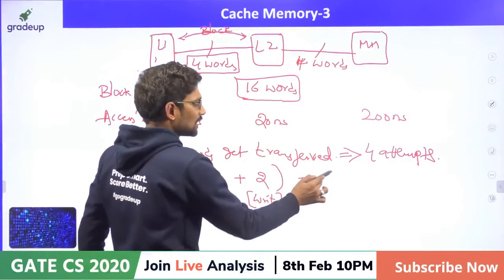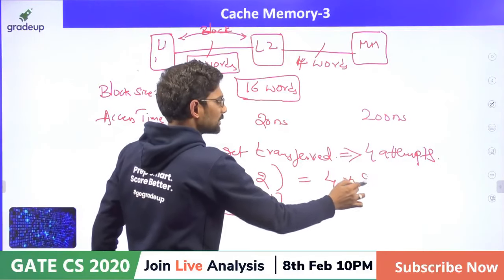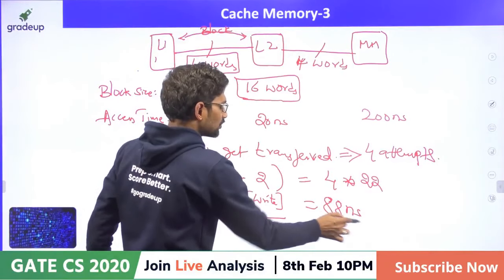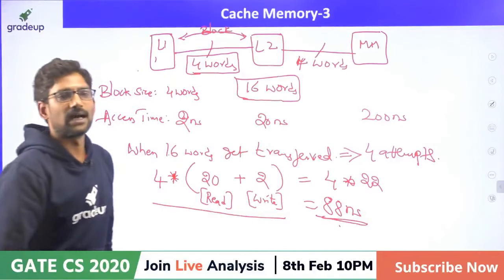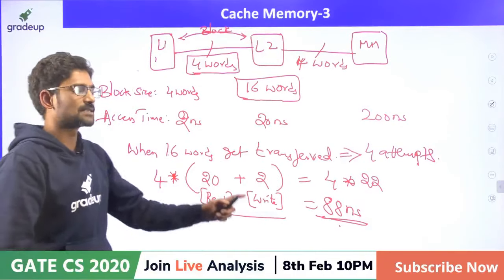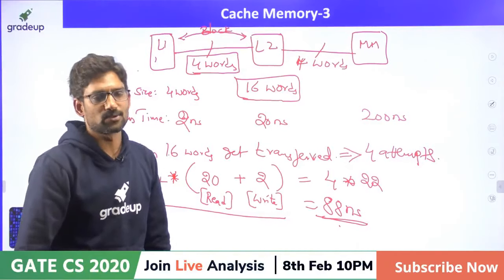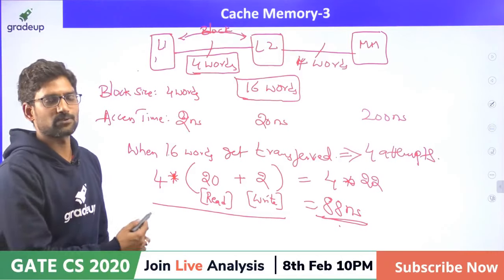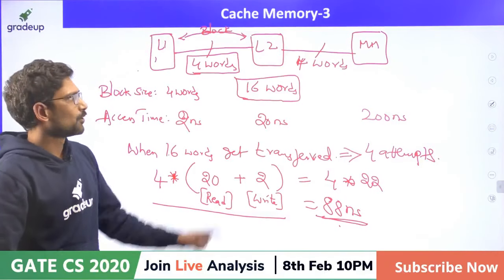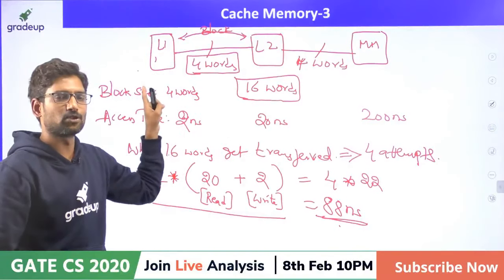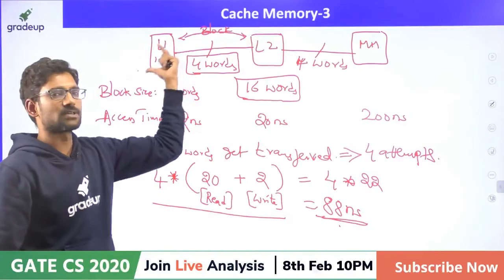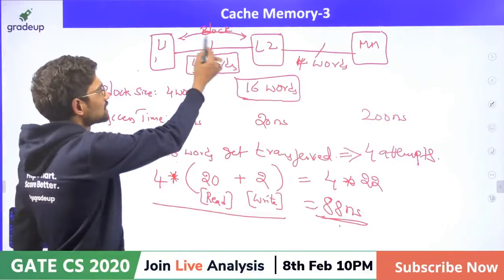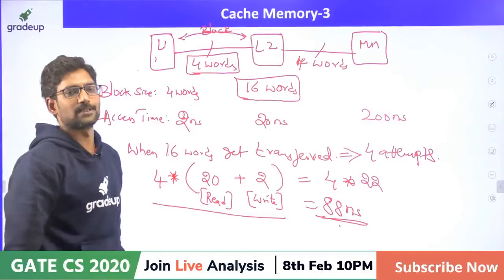So what is the answer? 4 multiplied by 22, that is 88 nanoseconds. The answer is not 22, the answer is 88 nanoseconds, guys. Okay? Did you get this point? A block transferred from L2 means 16 words should be transferred. So it requires 4 attempts because the bus width is 4 words.